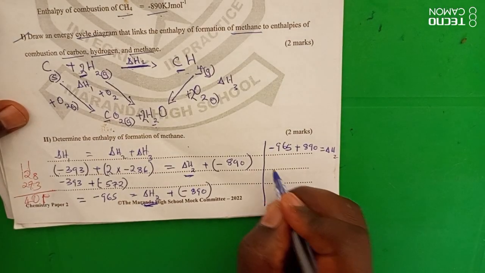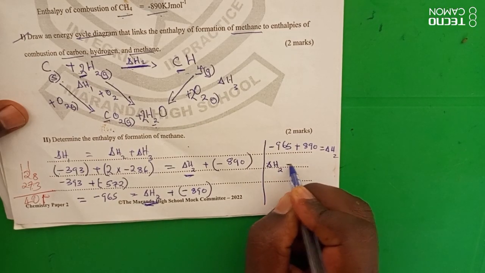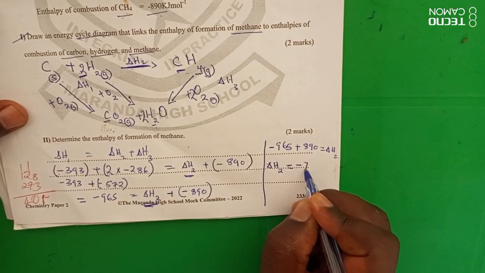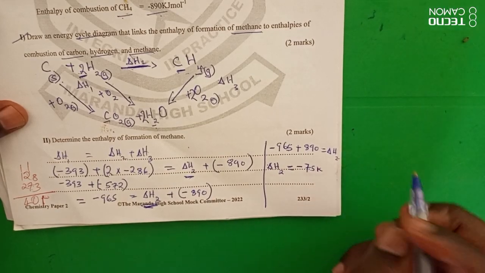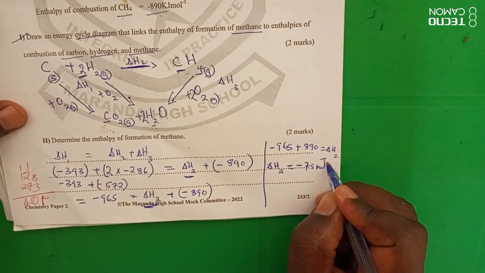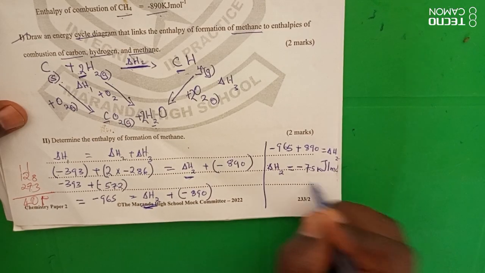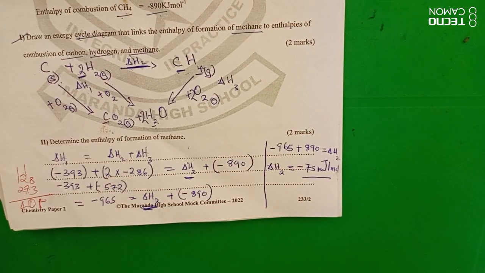So our route 2 is equal to negative 75 kilojoules. Remember, this case should be a small letter: kilojoules per mole. Negative 75 kilojoules per mole.